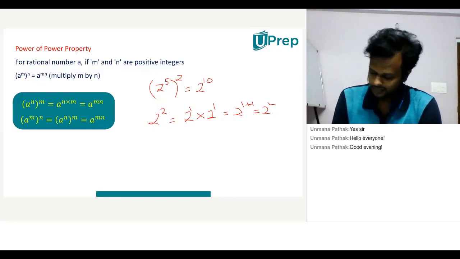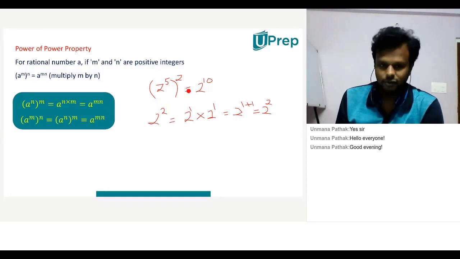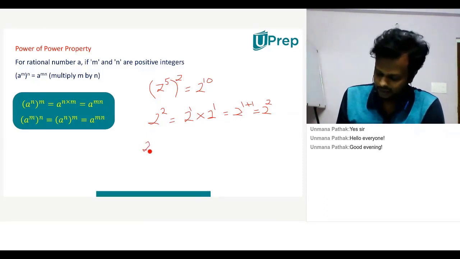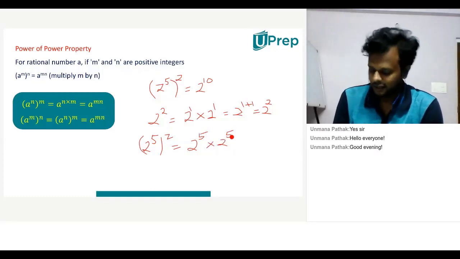Okay, children. So the same way, if I write 2 power 5 whole square, this becomes 2 power 5 into 2 power 5. Is that okay, children? Now, since the bases are same, I can add the powers.